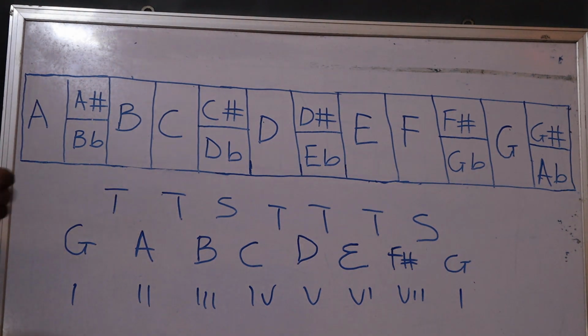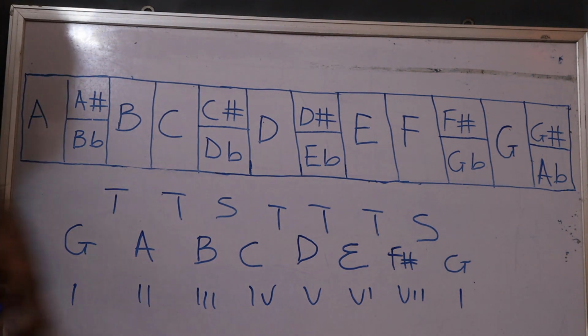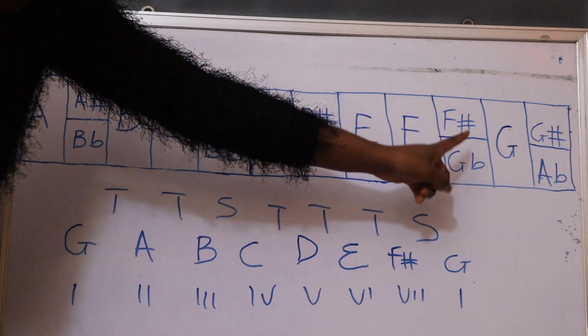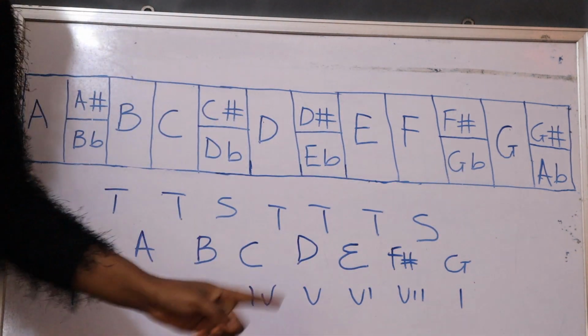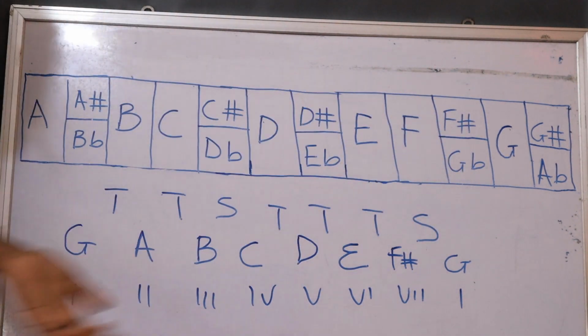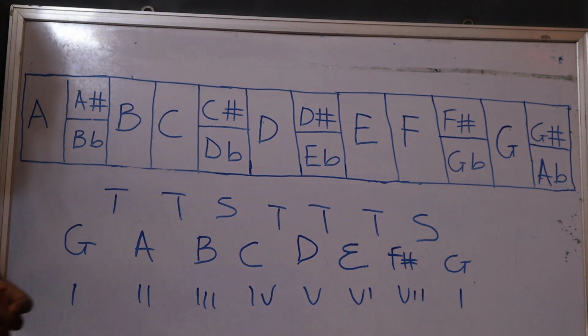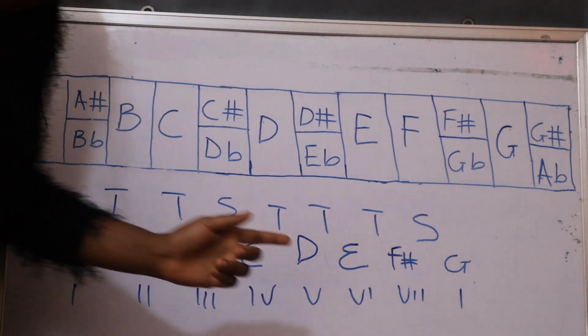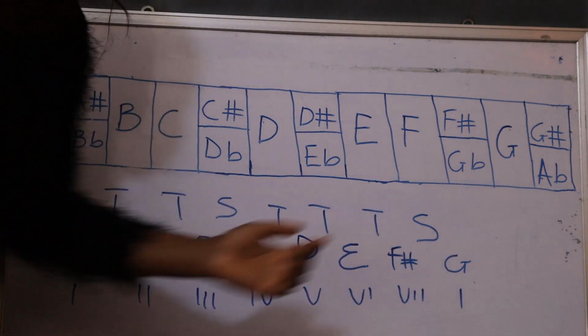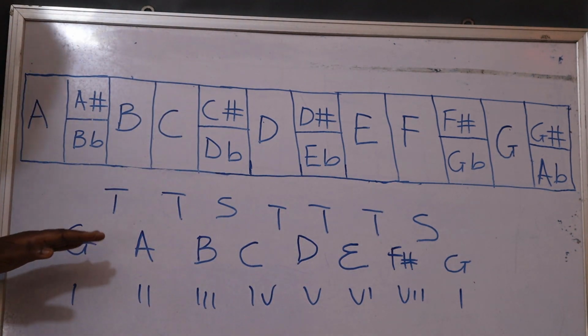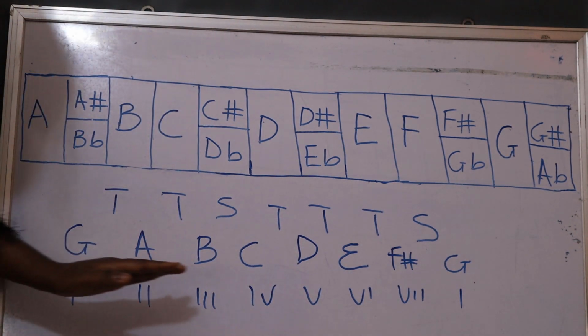In the last lesson, I told you that F sharp can also be called G flat. They're the same thing, you can call them either one. But there are some reasons why we choose F sharp. Look at this scale: we want the letters to be different.